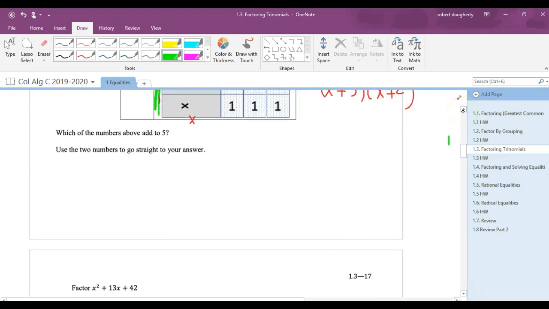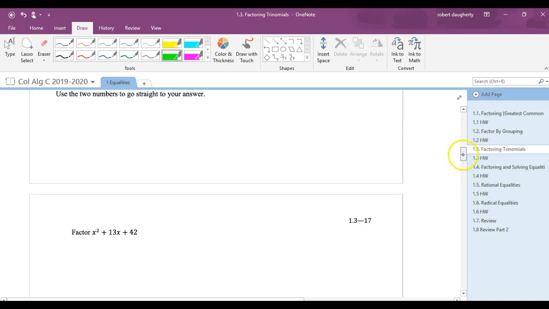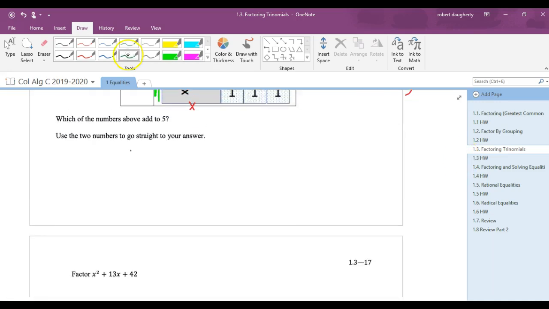If I need to factor x squared plus 5x plus 6, this is the way you're going to see me do this every time we do this in class. In order for this to factor, I need to find two numbers.